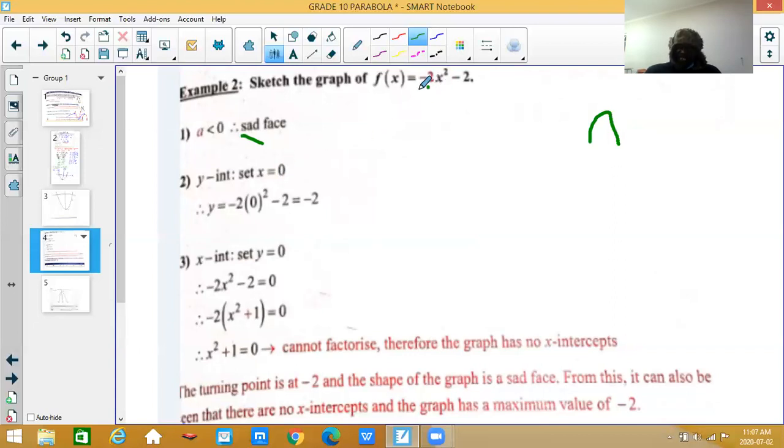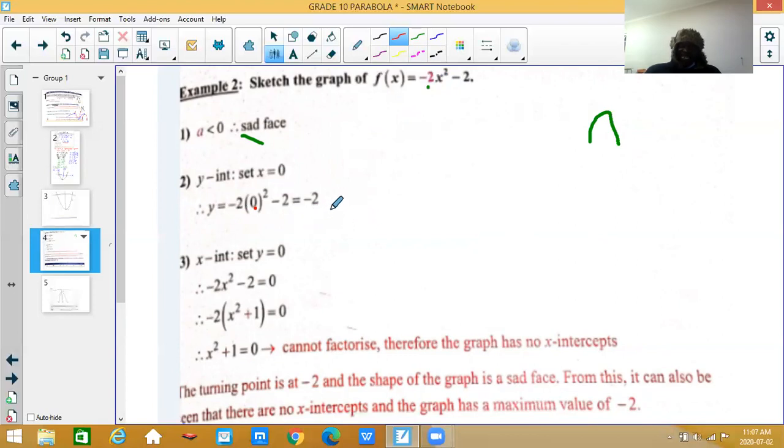We substitute into this equation. In the position of x, now we put a 0. So it will be minus 2 times 0 squared minus 2. And 0 squared is 0. Minus 2 times 0 is 0. 0 minus 2 is minus 2.